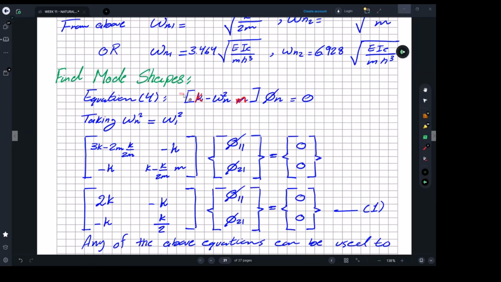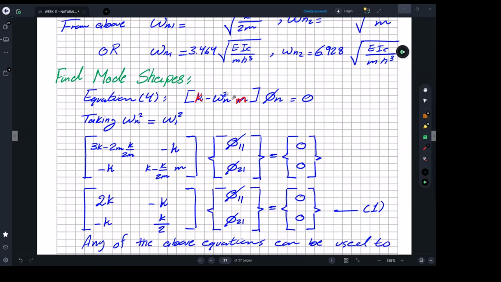Then the next section is all about finding the mode shape, which is a continuation, and we just need to adopt some math process. We're starting here with equation number 4, where this determinant solution is again equal to 0, but here we have our mode shape defined.